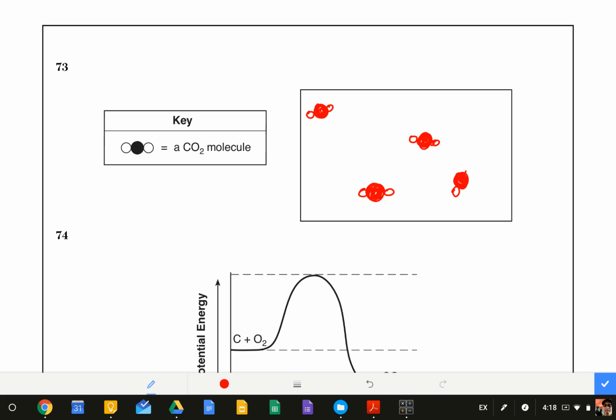Another carbon dioxide molecule. And another one here. Sure, why not? I mean, there you go. They're filling up the entire container and they're separated from each other. That represents a gas phase. Done.